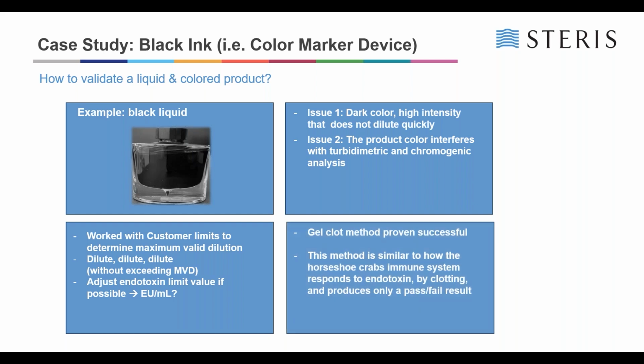And upon success, the gel clot method was proven to be successful along with a dilution. As the gel clot method provides the similar immune response that we see for horseshoe crabs. However, with the gel clot method, we do get that pass-fail result, more qualitative data than quantitative.